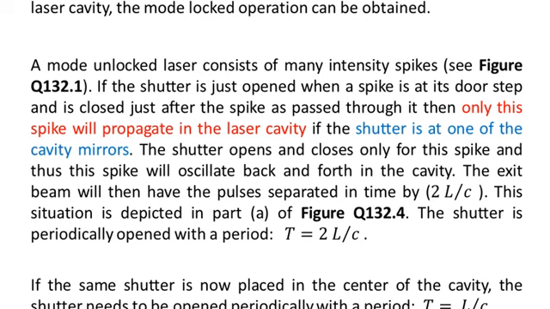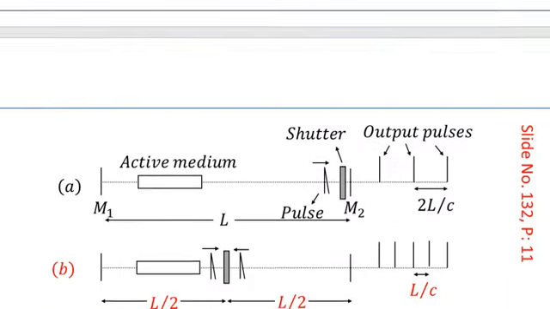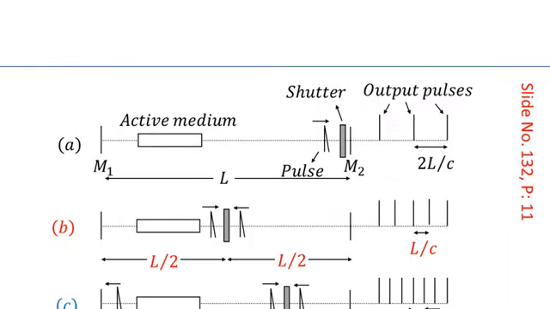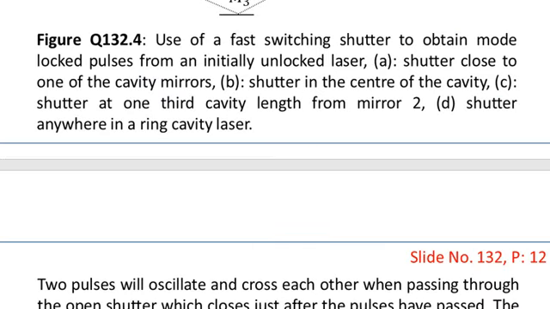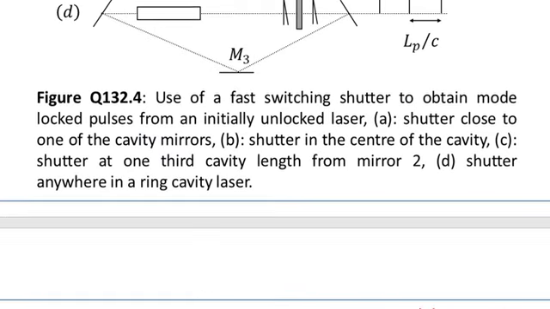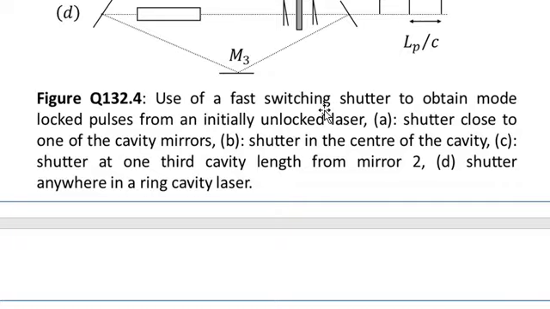So let me show how we can place a fast shutter to obtain mode locked pulses from an unmode locked laser. This is shown in part A of this figure. Let me read the caption of this figure first. Use of a fast switching shutter to obtain mode locked pulses from an initially unlocked laser.